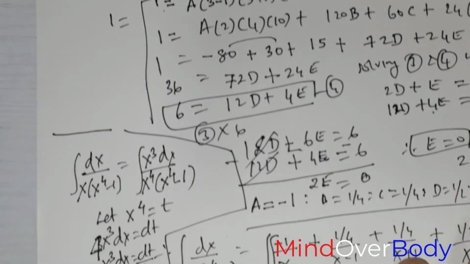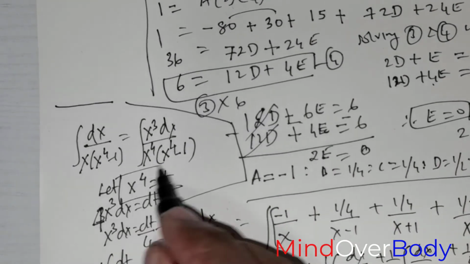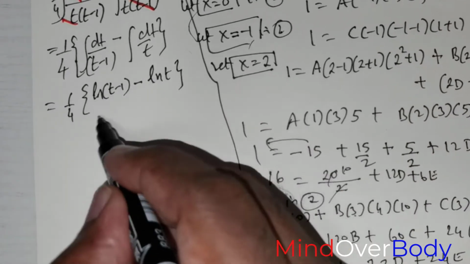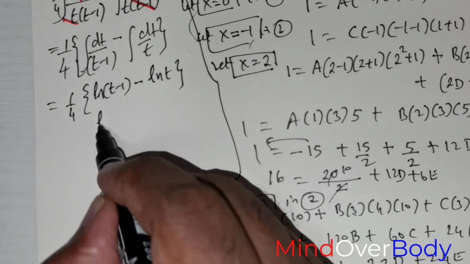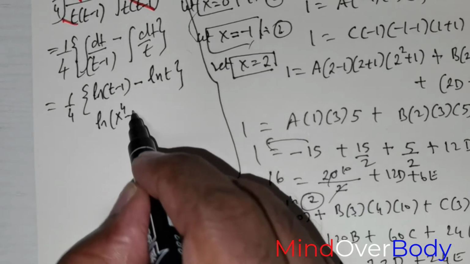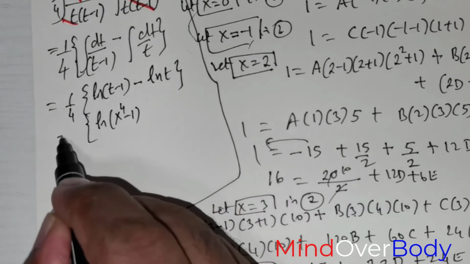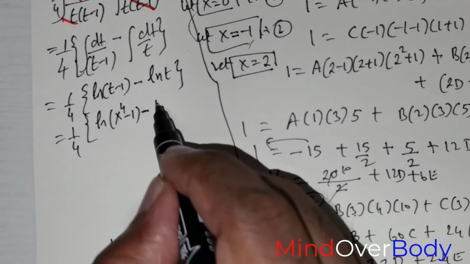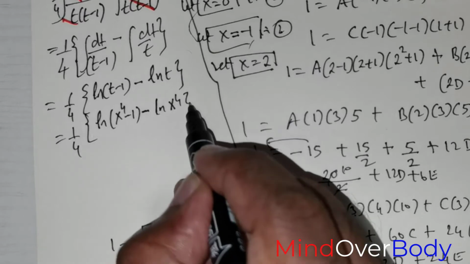But what is my t? My t is x to the power of 4. So substituting that value, this can be rewritten as 1 over 4 times ln of x to the power of 4 minus 1, followed by a negative ln of x to the power of 4.